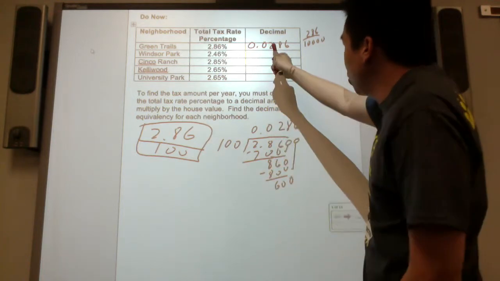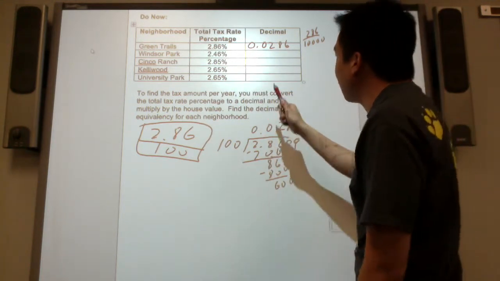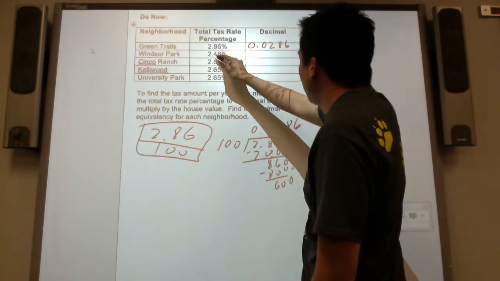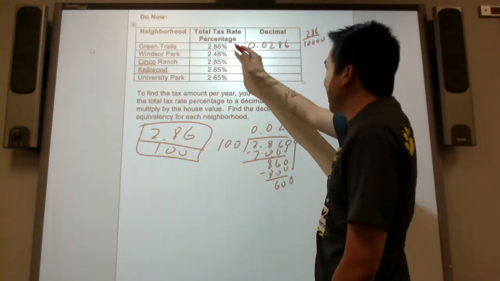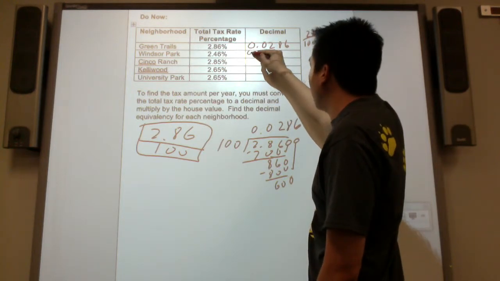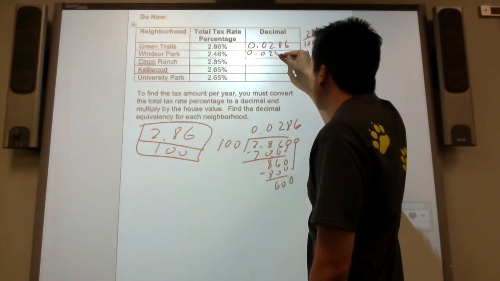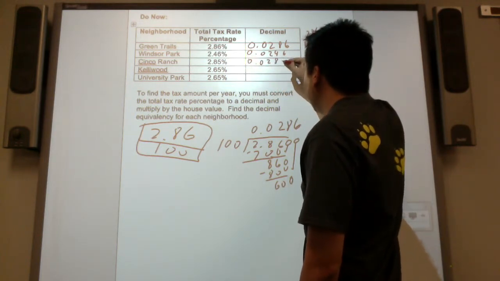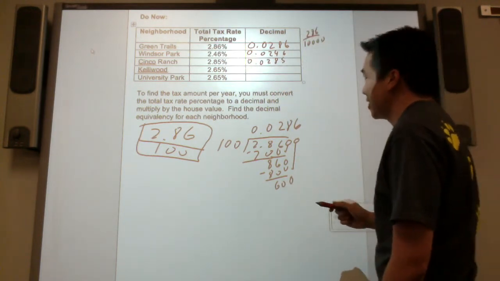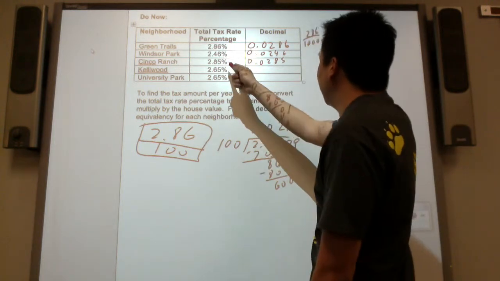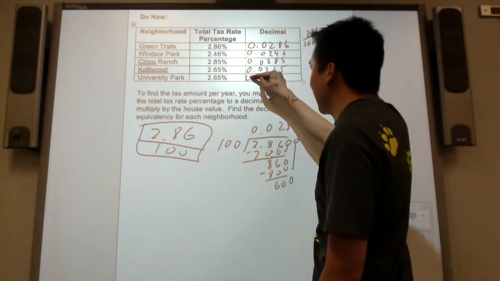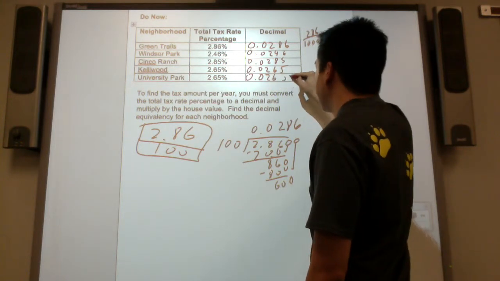So using the pattern here, could we actually find the decimal for each one? We could do each problem, but let's use a pattern. So it looks like if it's 286 ten-thousandths, then Windsor Park would be 246 ten-thousandths. And then this would be 285 ten-thousandths, and this one would be 265 ten-thousandths, and the last one would be 265 ten-thousandths.